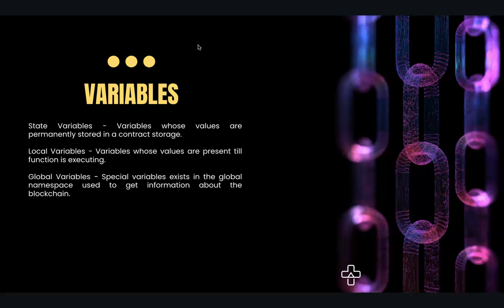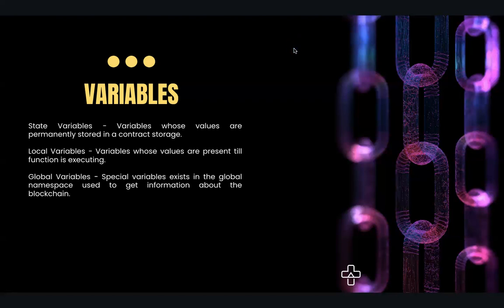Okay, so I talked about the state variables and the local variables. The global variables are declared outside of a function, making them accessible throughout the entire contract. They exist in the global namespace and are used to get information about the blockchain, while the local variable is declared inside a function, and that's why it's present only while the function is being executed.